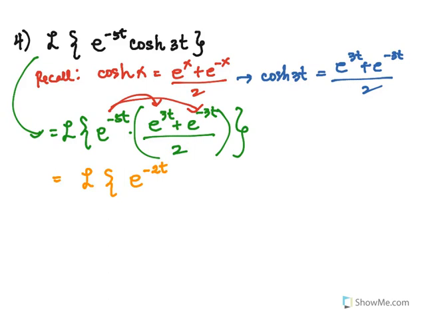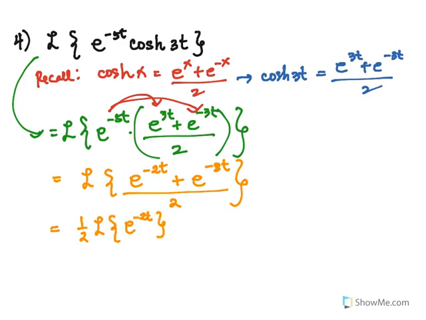And then plus e to the negative 5t times e to the negative 3t is e to the negative 8t, all over 2, which we can write as 1/2 Laplace transform of e to the negative 2t plus 1/2 Laplace of e to the negative 8t.